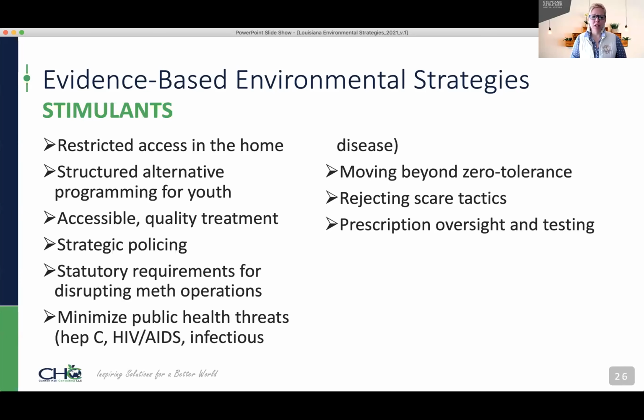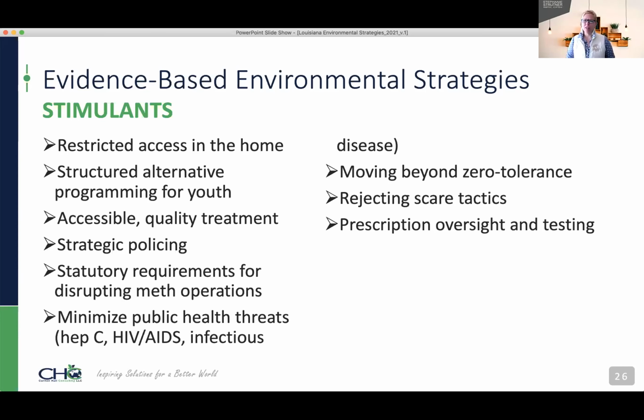And so for stimulants, again, we're looking at restricted access in the home, having structured alternative programs for youth, which you all have mentioned with respect to your drug-free zones and streets and events that you're having in your communities, having accessible and also meaning affordable quality treatment, having strategic policing.